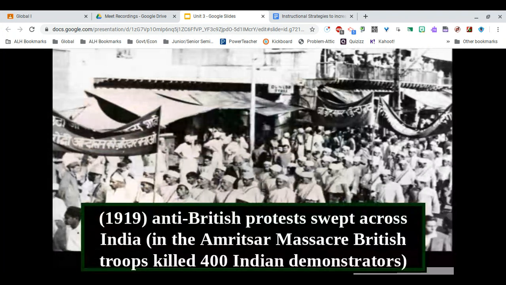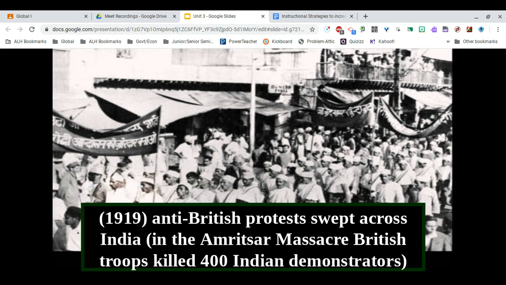In 1919, anti-British protests began sweeping across India, one of which was the Amritsar massacre. During that time, it was a peaceful, non-violent protest. British troops went in and fired upon a few thousand Indians that were protesting, and about 400 of them were killed. In Amritsar, and you will see this in the video clip in the extra credit, they were in a completely walled little area.